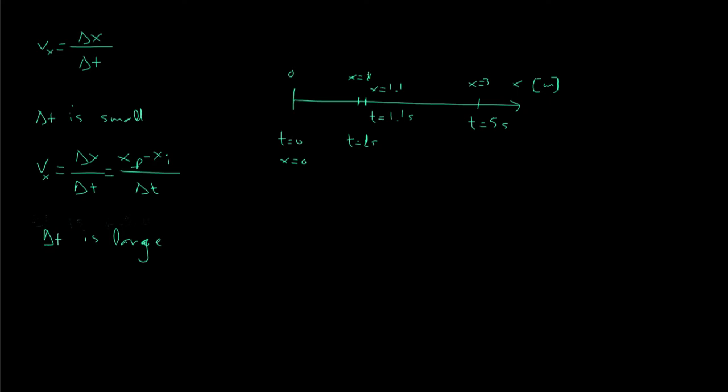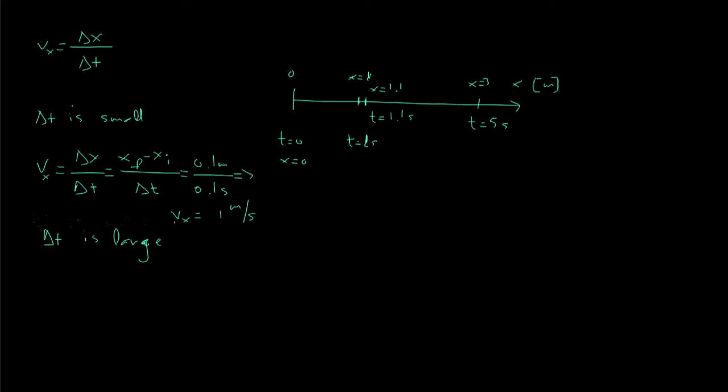The initial is 1 meter. So I have a change in x equal to 0.1 meter. And I have a change in time. I went from 1 second to 1.1 seconds. I have 0.1 second. So my instantaneous velocity in this case is estimated to be about 1 meter per second.